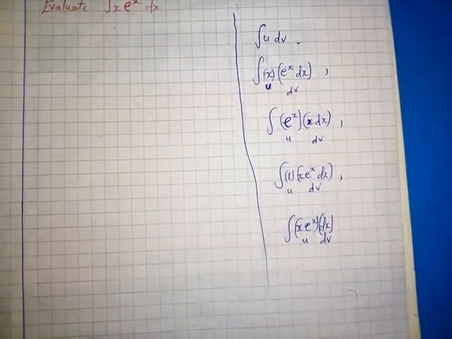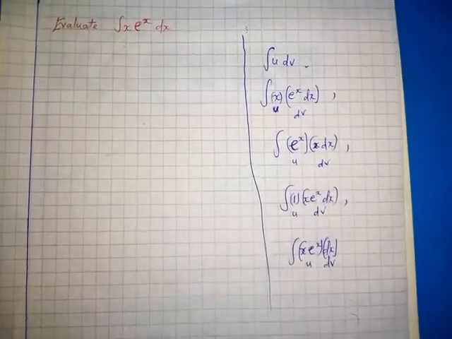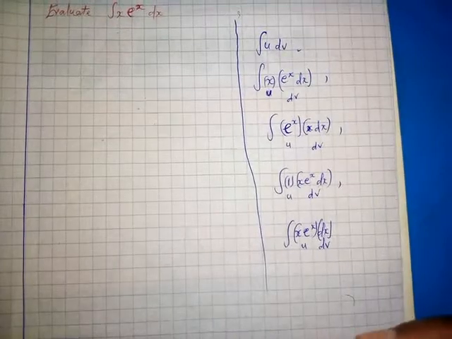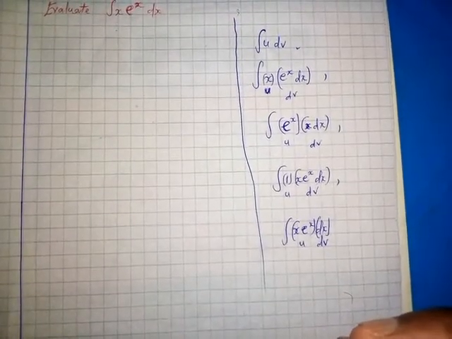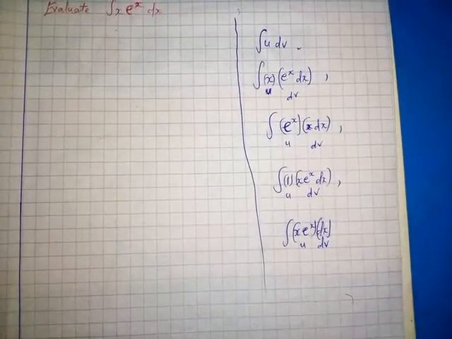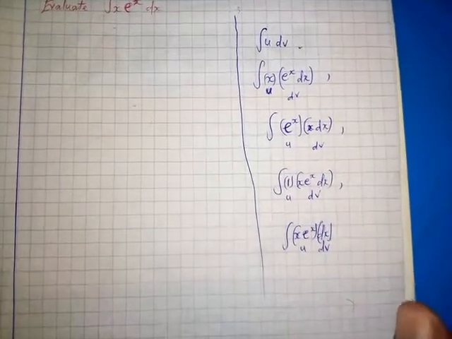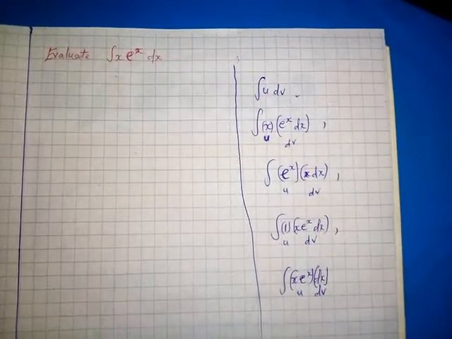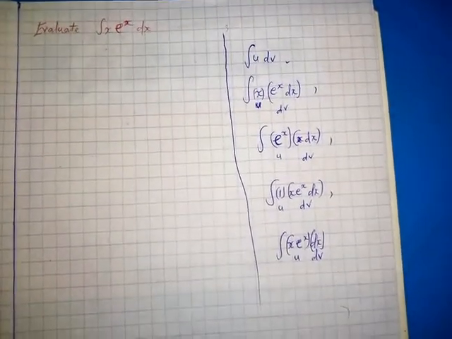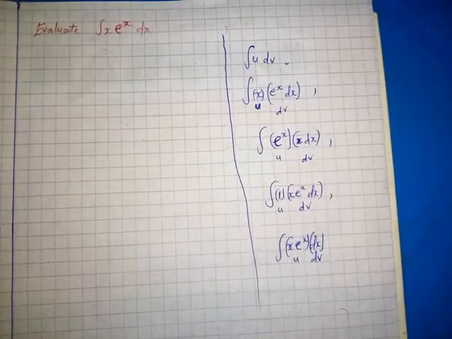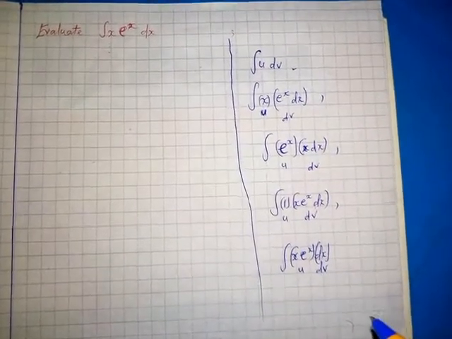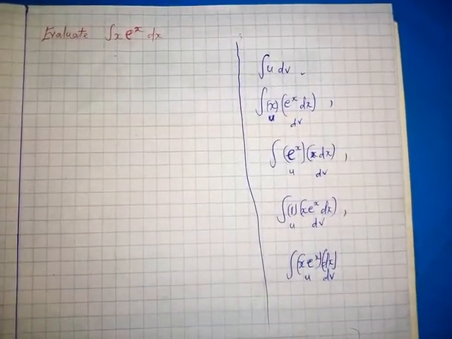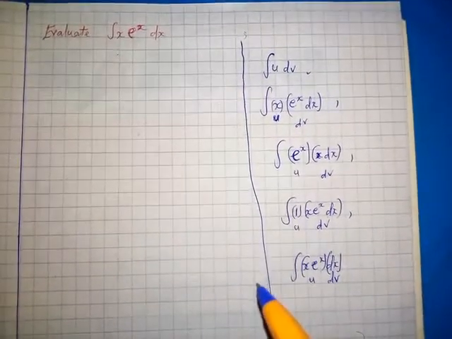And the second guideline: try letting u be the portion of the integrand whose derivative is a function simpler than u, then dv will be the remaining factors of the integrand. If you have not watched my video on the integration by parts concept, please watch it. Then you'll find it very easy to solve this.